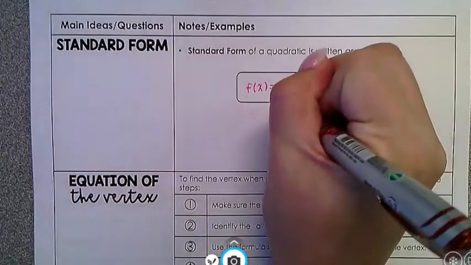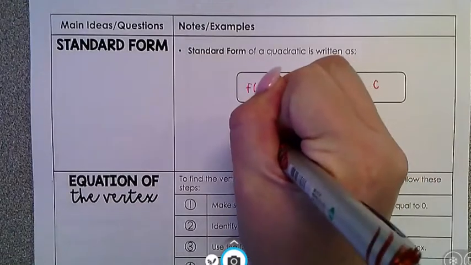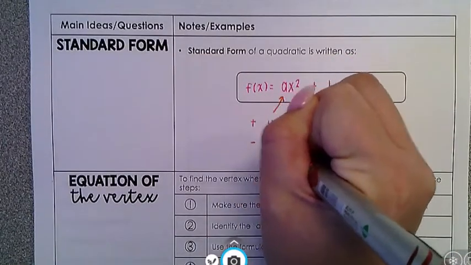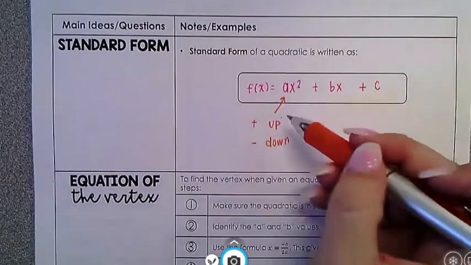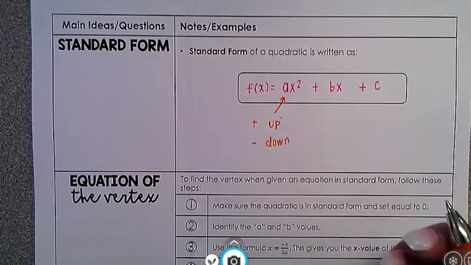Just like with vertex form, your a tells us if it opens up or if it opens down. A positive a opens up, a negative opens down.